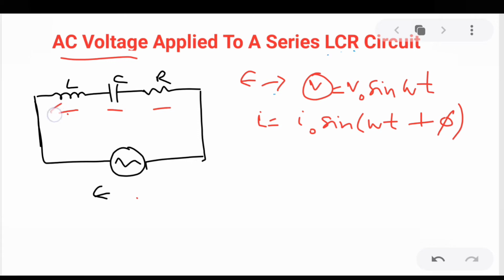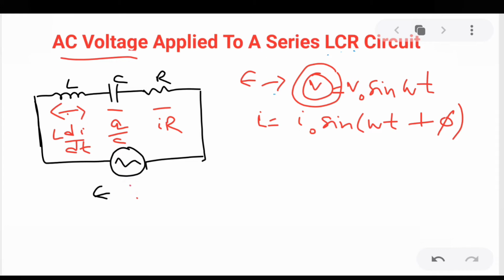There will be a voltage drop across the inductor, that will be given by L di by dt. There will be a voltage drop across the capacitor. If Q is the charge, it will be Q by C. And across this resistor, it will be I into R. This is the total voltage applied.